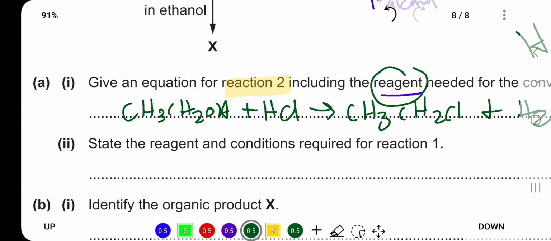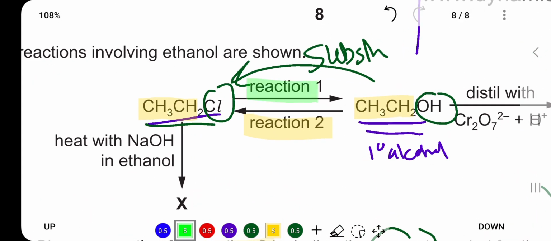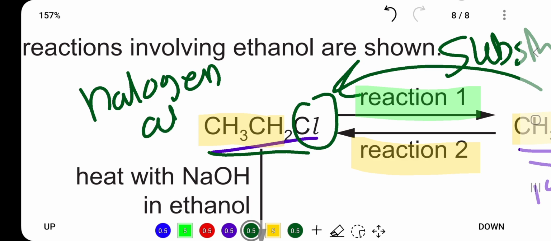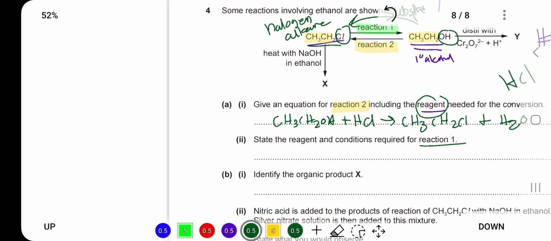Alright, state the reagent and conditions required for reaction 1. What is reaction 1? Reaction 1 is the opposite, from a halogenoalkane into an alcohol. Now you should learn it.